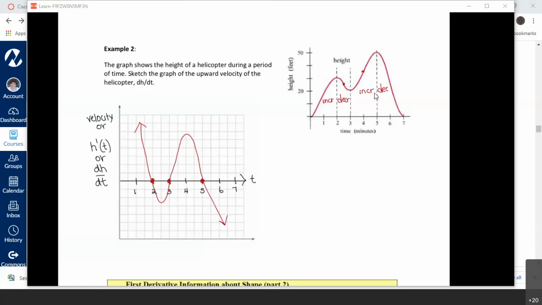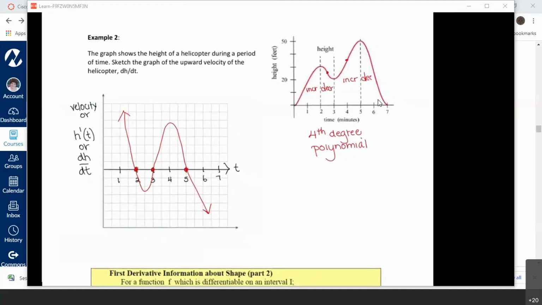So if this is a 4th degree polynomial, and if we actually had the equation of this function h, we would have been able to differentiate it manually, using the power rule, and we would have wound up with a 3rd degree polynomial.